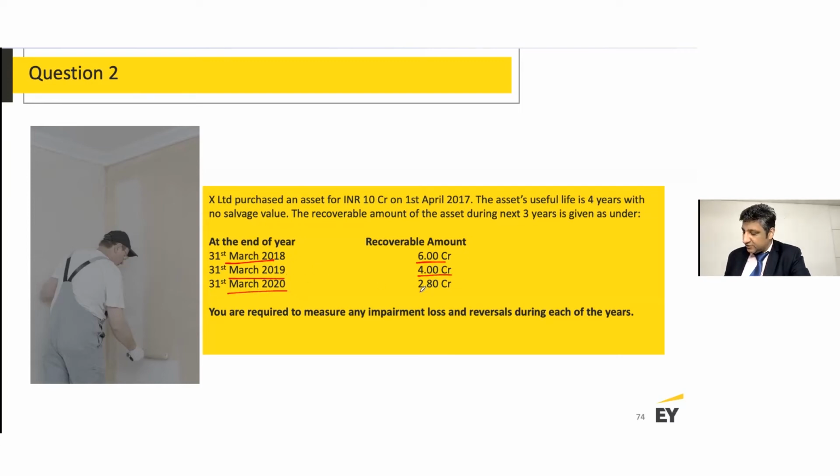And 31st of March 20, recoverable amount is 2.8 crores. The requirement of the question is to measure any impairment loss and reversals during each of the years, right?